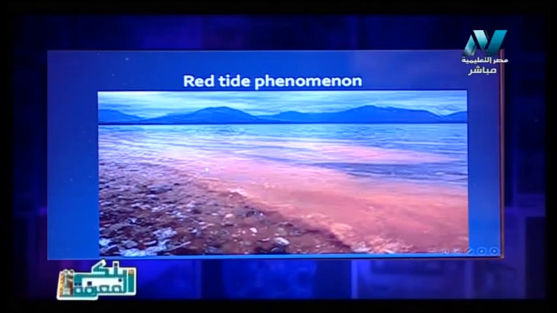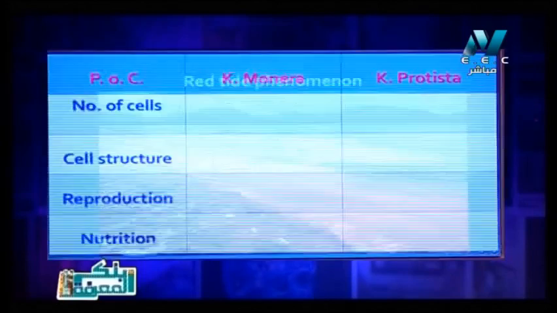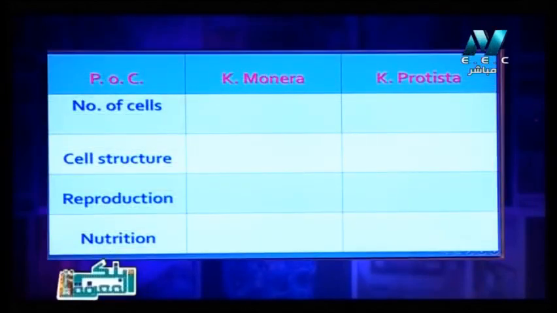Now, my dear students, it's your time to carry out a comparison between kingdom Monera and kingdom Protista. The points of comparison, we need to compare between the organisms in each kingdom, and we put in mind the number of cells. And as you know, the living organisms in kingdom Monera and Protista are unicellular, all of them.